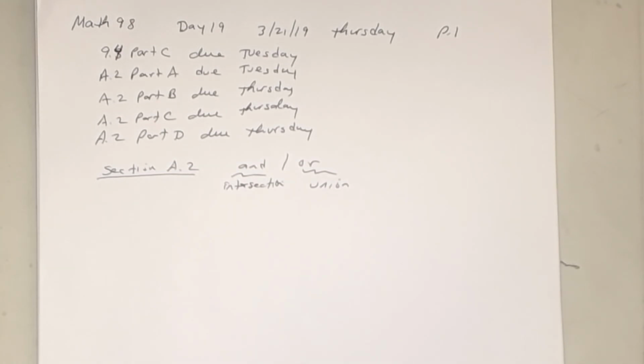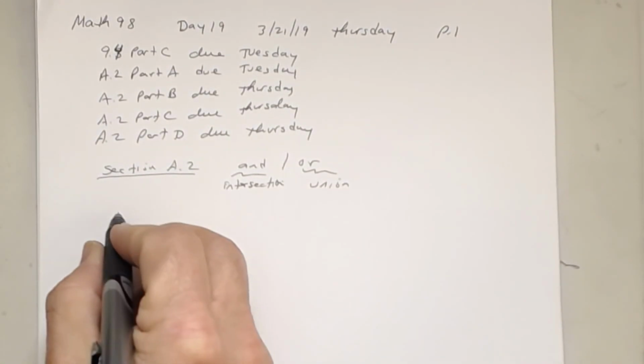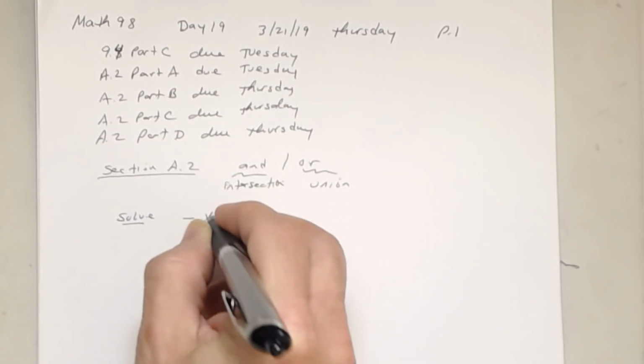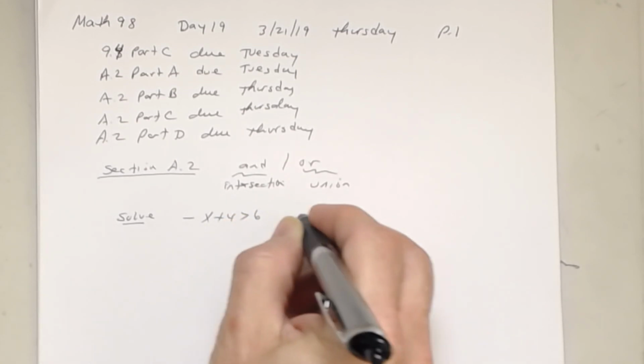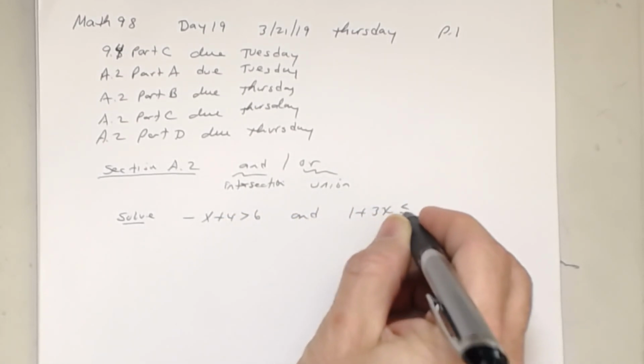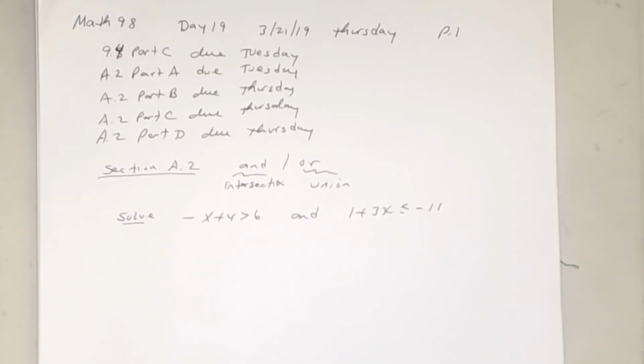All right, so on your next test, if you had this problem, let's say you want to solve negative x plus 4 is greater than 6, and 1 plus 3x is less than or equal to negative 11.